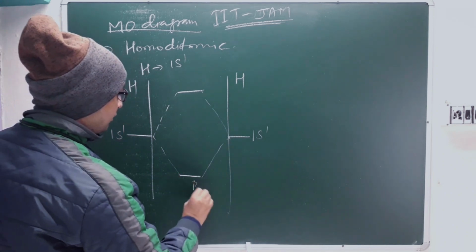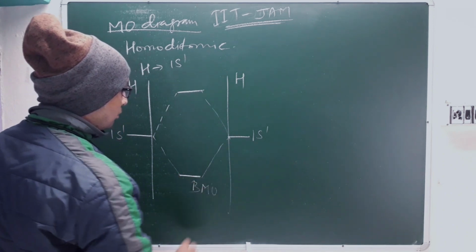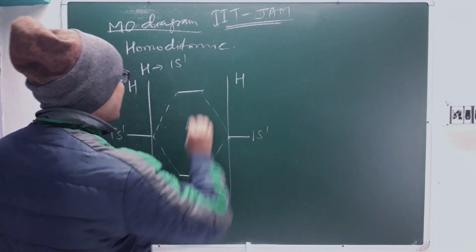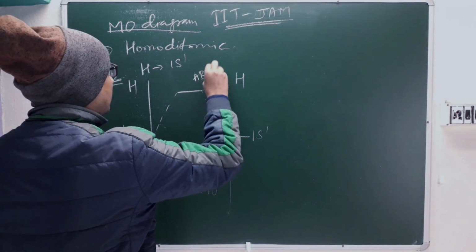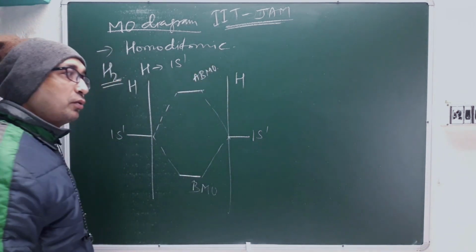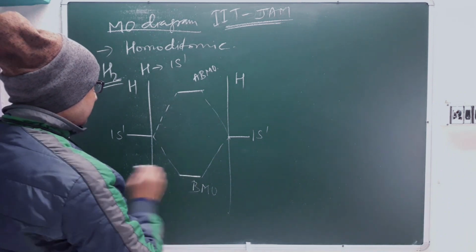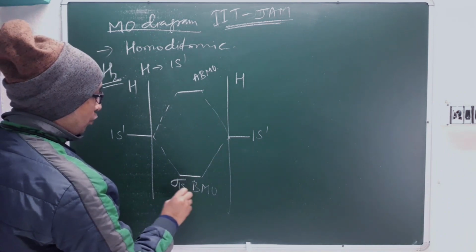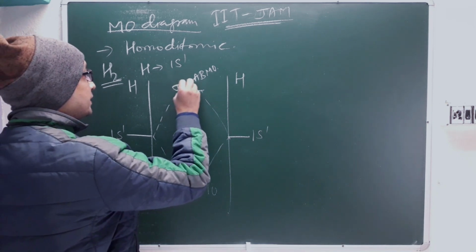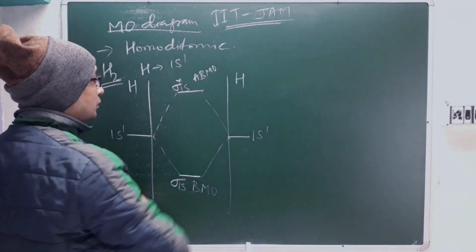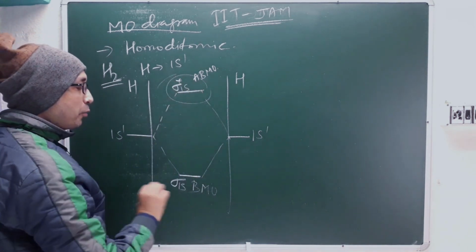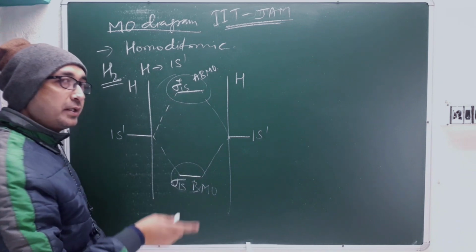This we call BMO, bonding molecular orbital, and this is ABMO, anti-bonding molecular orbital. This one is sigma 1s and this will be sigma star 1s. This is high energy and anti-bonding. This is lower energy and bonding.